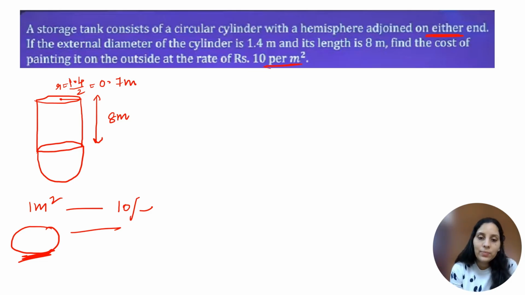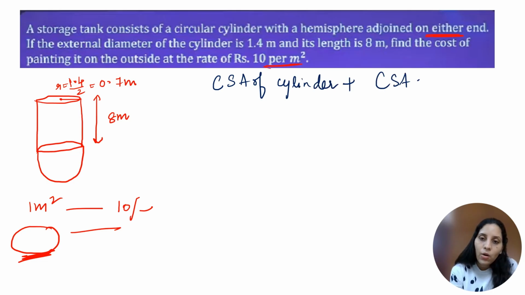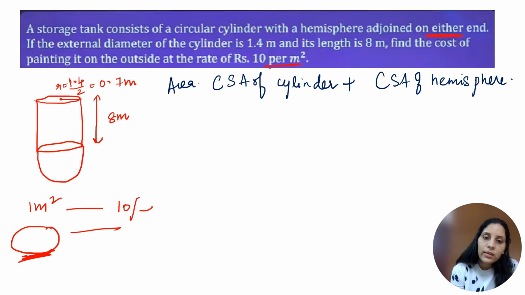The area that needs to be painted is CSA of cylinder plus CSA of hemisphere. Again, why CSA? Because top and bottom will not be painted. It is clearly given that it is painting only the outside, not inside, not the top and bottom.